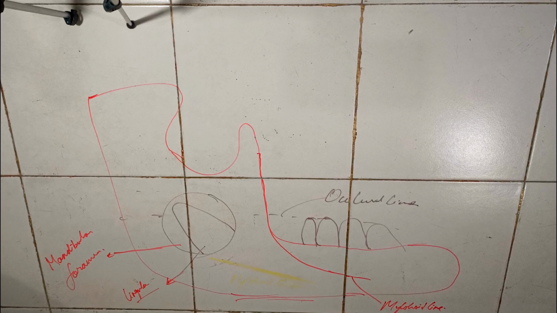The anterior border of the ramus of mandible is thin and the posterior border is thick.